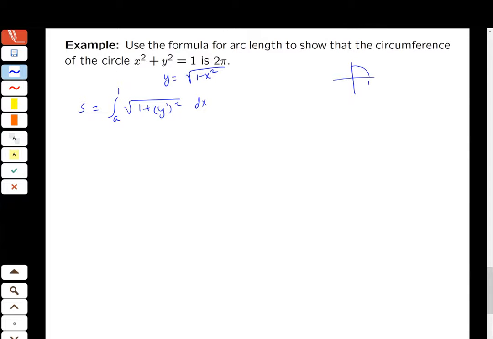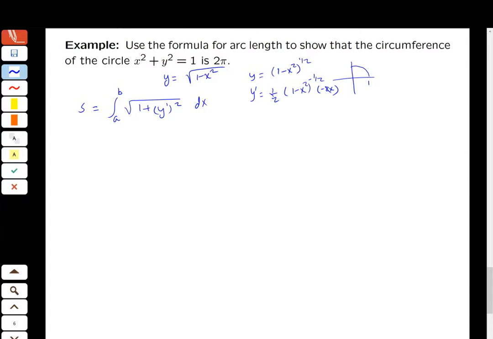So let's go ahead and take our derivative. What is y prime? First of all, let's rewrite y. It'll be easier. Write it with a numeric exponent. It's going to be 1 minus x squared to the 1/2 power. So what's y prime? 1/2 times 1 minus x squared to the negative 1/2 times negative 2x.